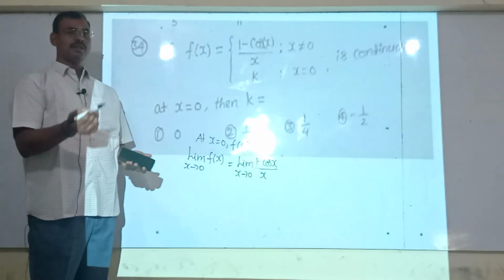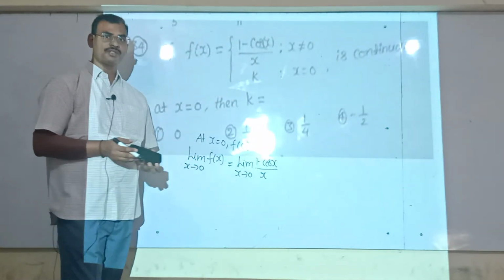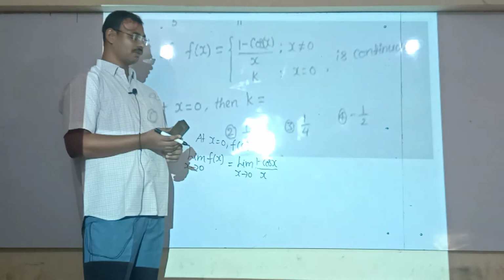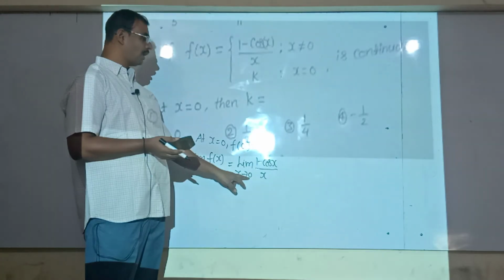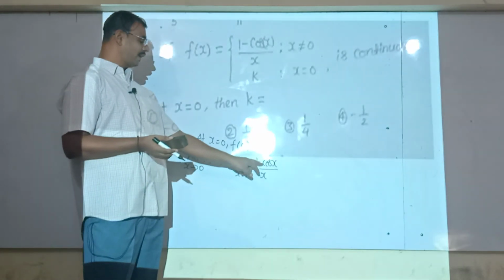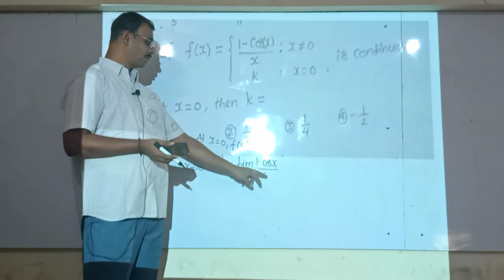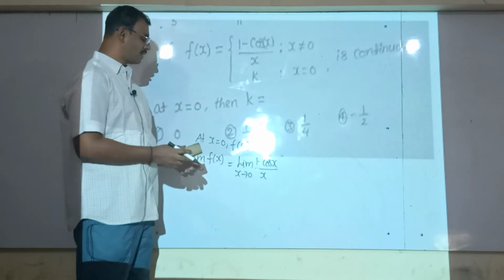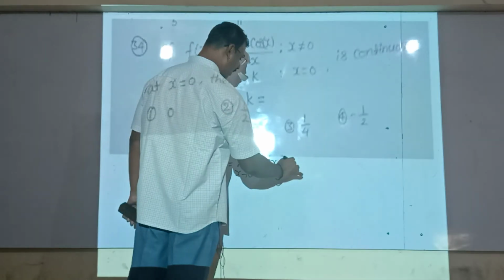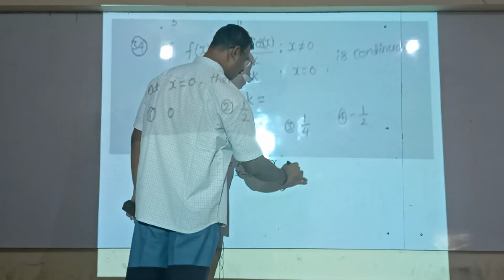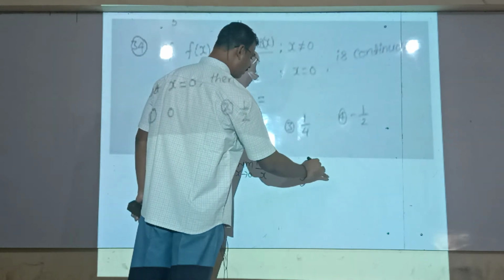Without conversion also we can do it. I said very clearly, the shortcut method using L'Hospital's rule. Observe that if you apply the limit, 1 minus cos 0, cos 0 is 1, 1 minus 1 is 0, so 0 by 0 form. This is called an indeterminate form.